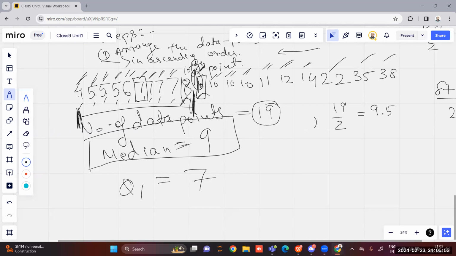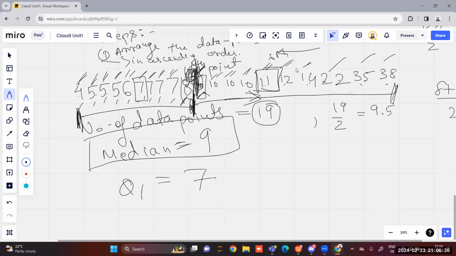Now from here also, considering this 9 as the median, in between 8 and 10, we'll go from year to year. Now we have to see the sixth data point from the right: 1, 2, 3, 4, 5, 6.